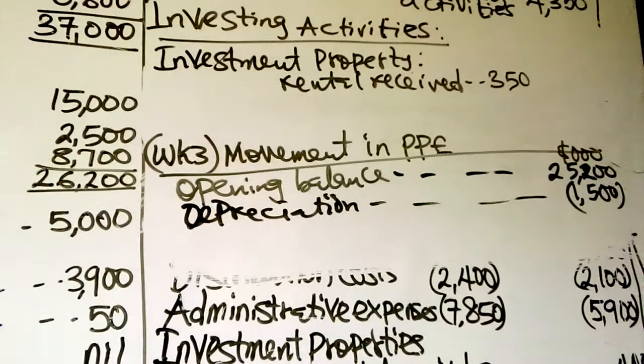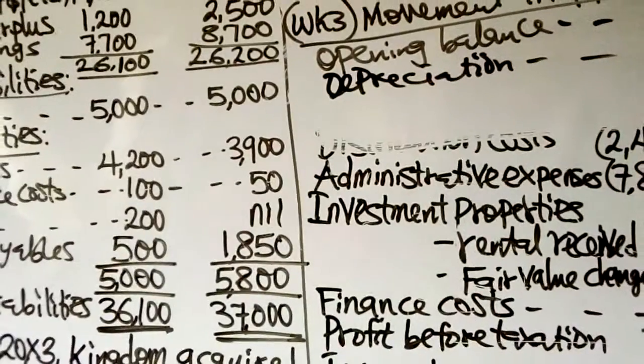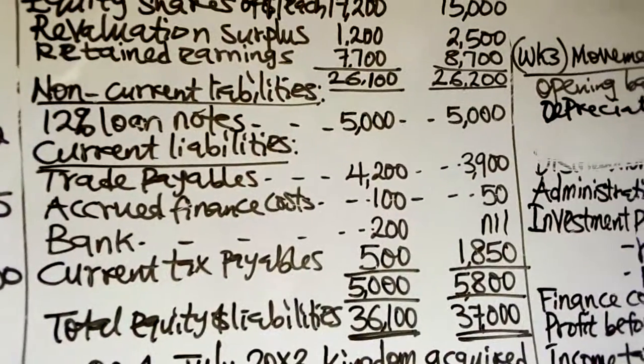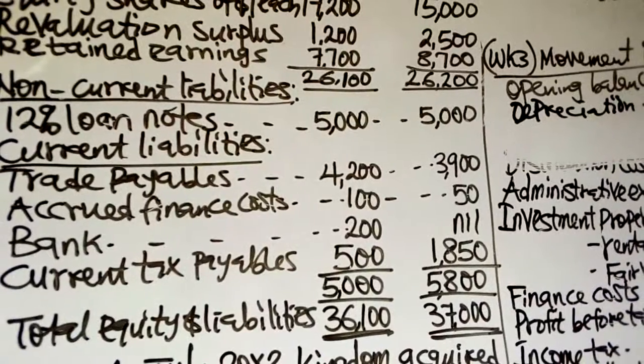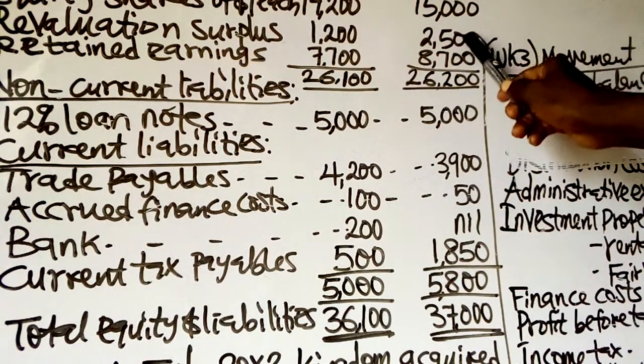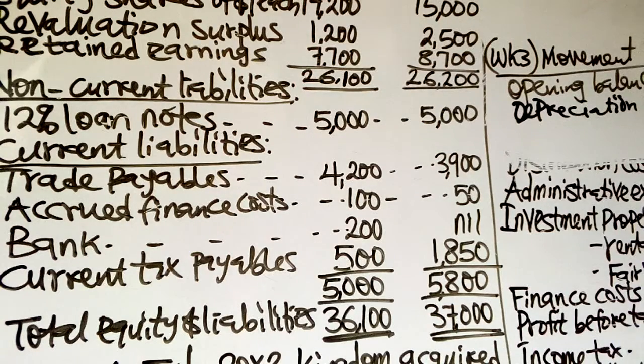Apart from depreciation, PPE may be revalued. So you check the information about the revaluation of PPE. Now you have revaluation surplus under equity. The one in opening balance is 2.5 million while the closing is 1.2 million.